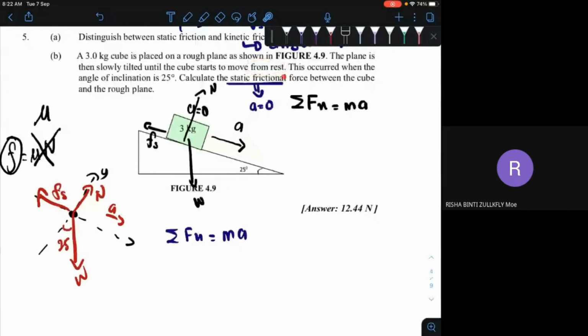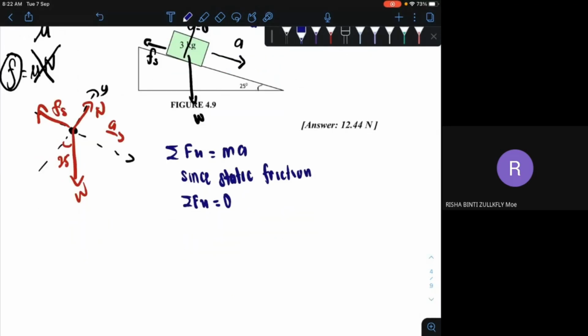Walaupun kita faham that it started to move from rest, lepas tu dia akan ada acceleration. However, sebab kita nak cari static friction, bukan kinetic, kita akan samakan dengan kosong. Since static friction, summation Fx kamu akan sama dengan kosong. And then along X, kamu ada Fs plus Wx sama dengan 0.